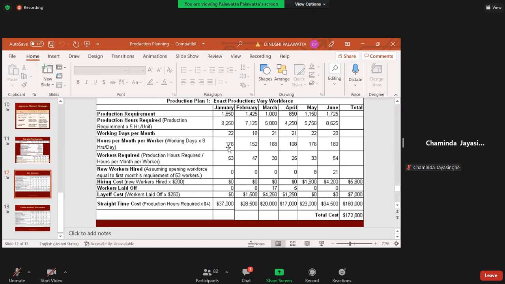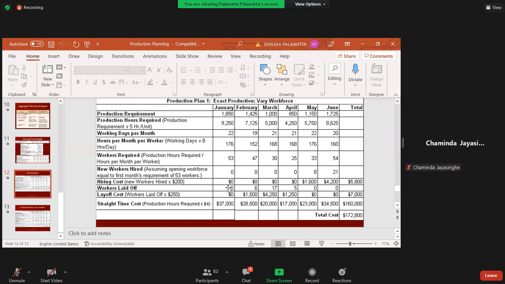And then here, there's an assumption in the example, assuming opening workforce equal to the first month's requirement of 53 workers. So on that assumption, in January you don't have to hire, and then there is no hiring cost.